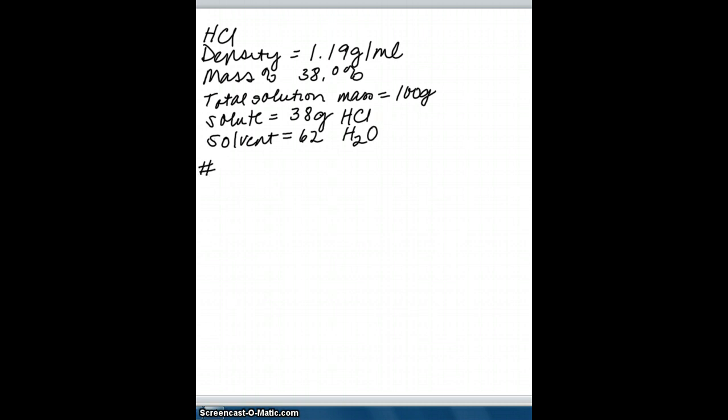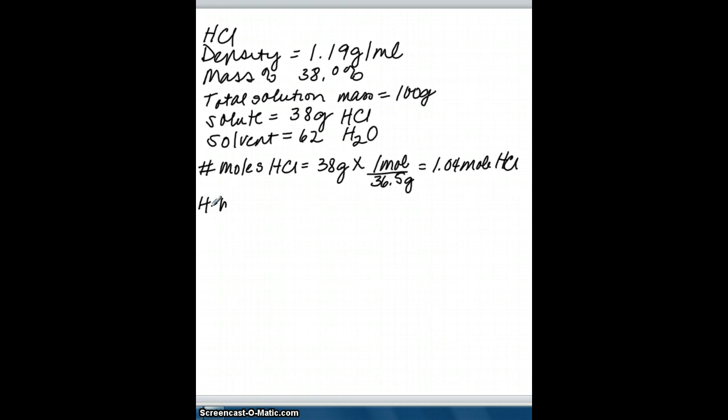From that step, I'm going to figure out the number of moles of the solute, equal to the mass, 38 grams, times 1 mole over its molar mass, which is 36.5 grams. That's 1.04 moles of our solute.